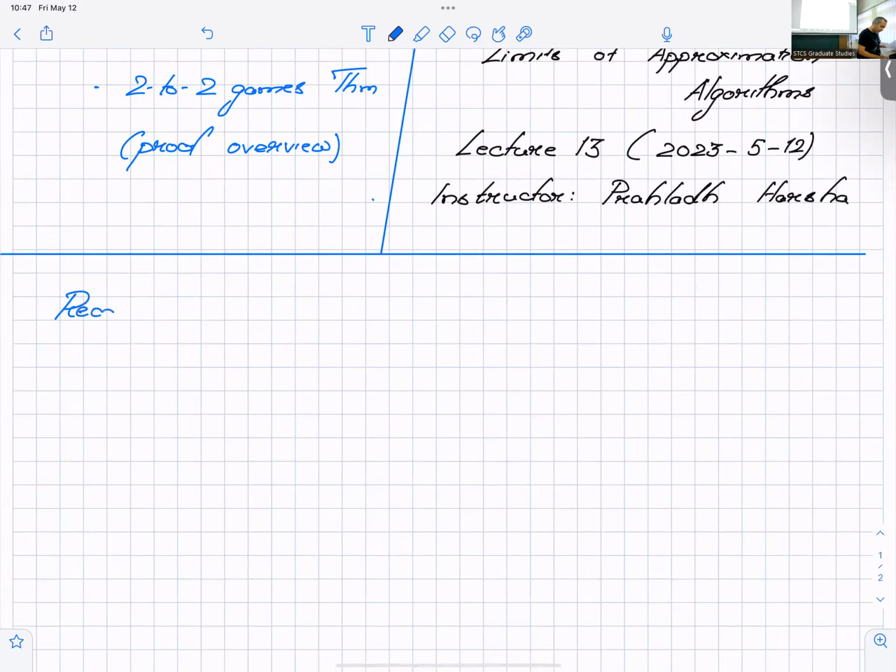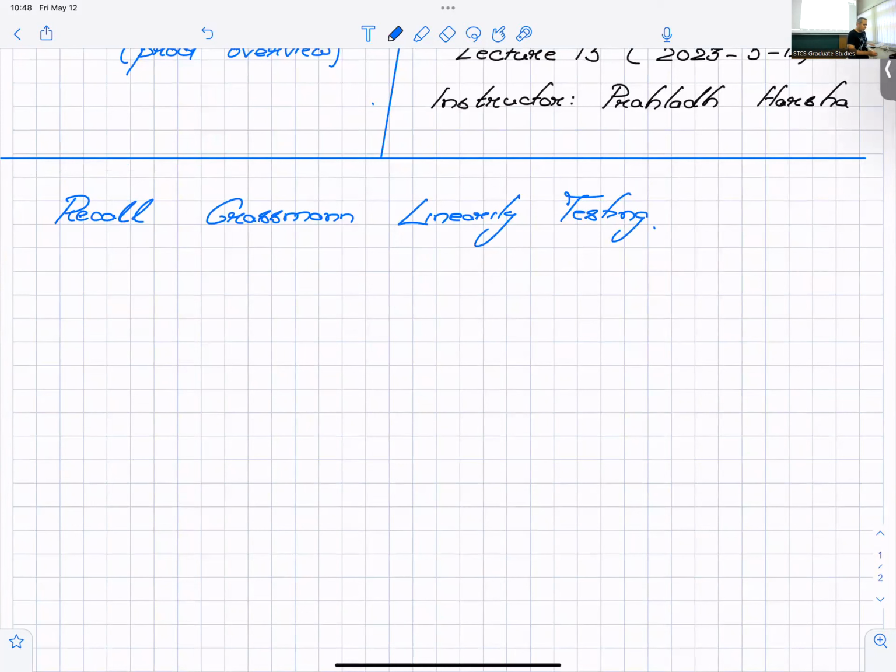Recall Grassmann linearity testing. So X is some k-dimensional F2 vector space.